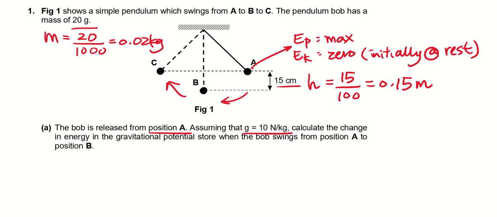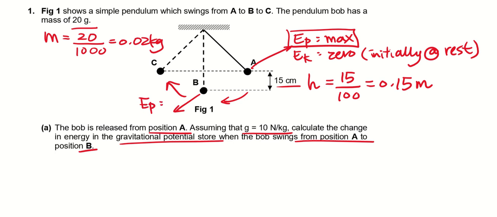Calculate the change in energy in the gravitational potential store when the bob swings from A to B. At A, we take note that the energy in the gravitational potential store is actually the maximum. When it swings to B, B being the reference lowest position, the energy in the gravitational potential store is 0.